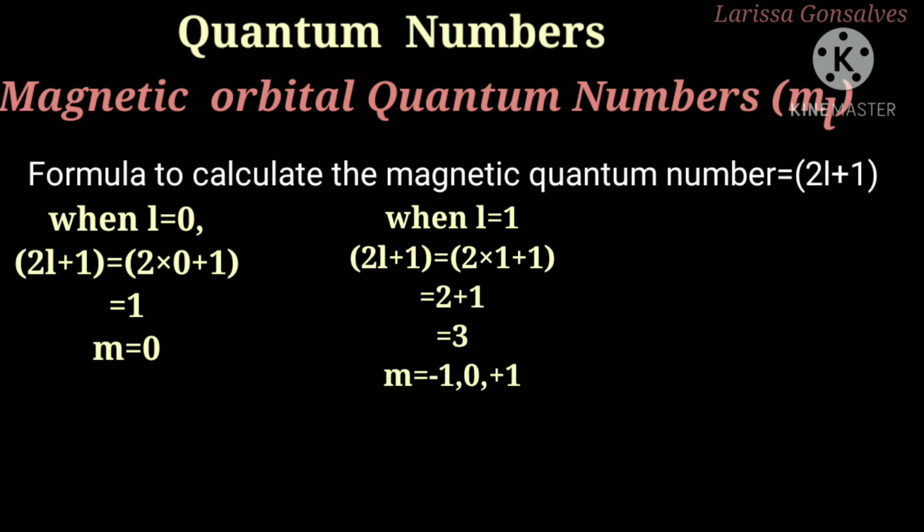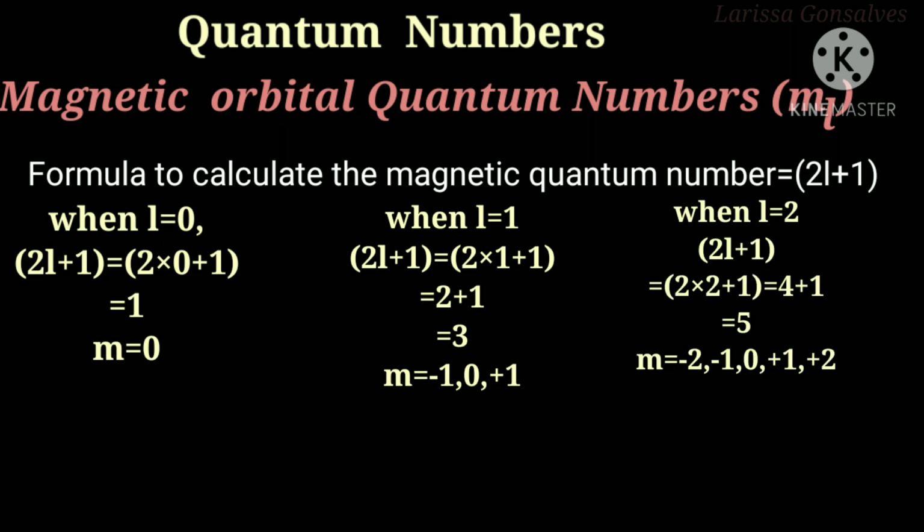When l is equal to 1, we get the answer as 2 into 1 plus 1, which will be equal to 3. Hence, the magnetic orbital quantum number will be equal to -1, 0 and +1. When l is equal to 2, again we are going to use the formula 2l plus 1.